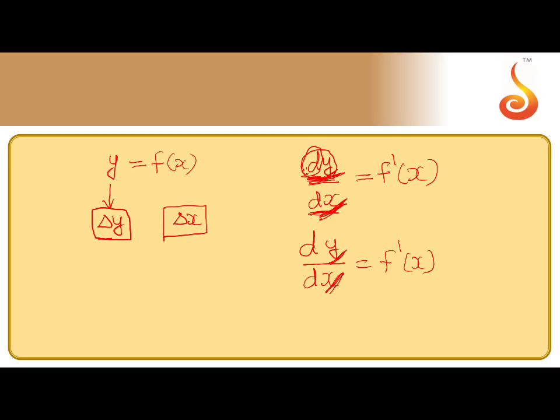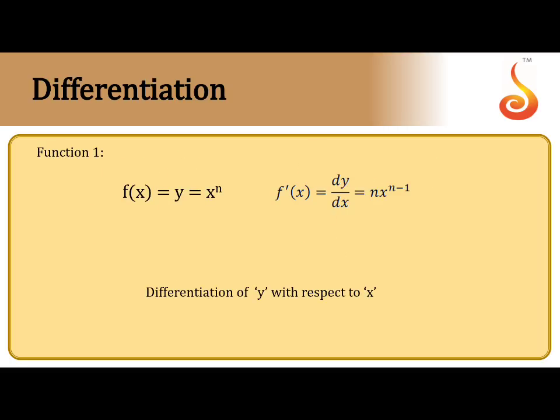I repeat once again, differentiation is the study of the change in the dependent variable with the change in the independent variable, when the change in the independent variable is very, very small. That is called differentiation of y with respect to x. It is written as dy by dx or f dash of x.